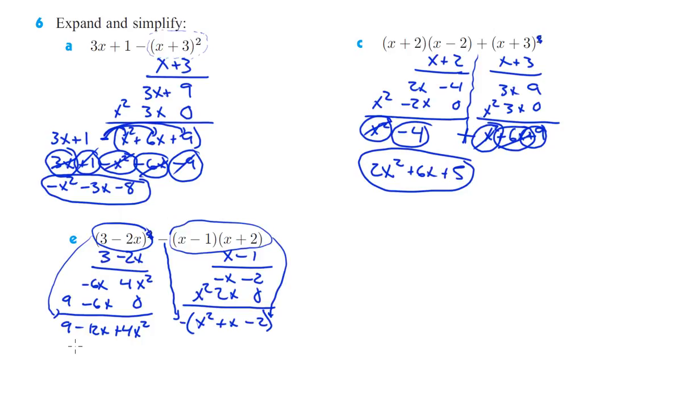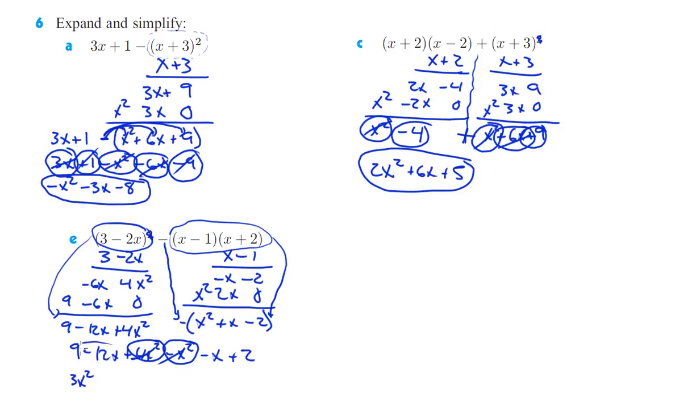So I'm just going to leave this over here. Maybe just rewrite it. 9 minus 12x plus 4x squared. And then distribute this negative through to all these pieces here. So that's negative x squared minus x. And negative times a negative is positive 2. Now I'm going to collect my like terms. I've got a negative x squared and a positive 4x squared, so that gives me 3x squareds.